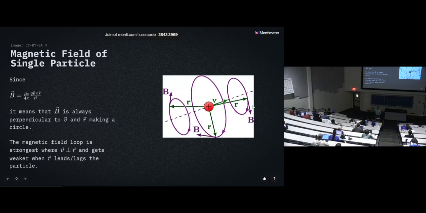But you still get that it's going to be a cylinder that wraps around the direction of V. And the direction that you could imagine the magnetic field looping around that cylinder is going to be given by this cross product of V crossed into R.